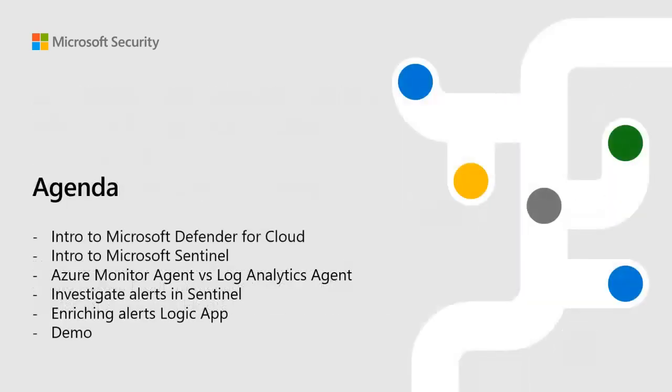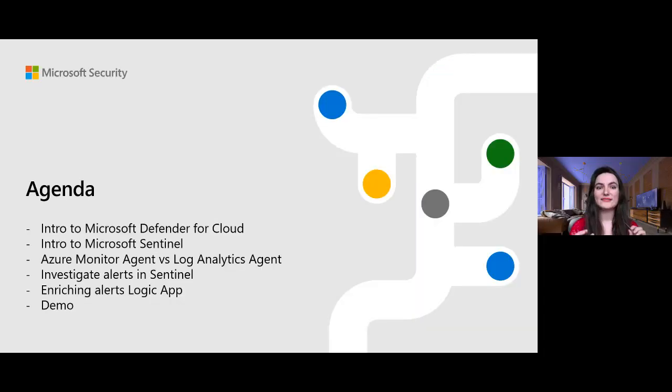The agenda for today is a very quick intro into Defender for Cloud and Sentinel, and then we're going to talk about the new AMA agent versus the Log Analytics agent. We're talking about that because the AMA agent has gone into public preview for Defender for Cloud.